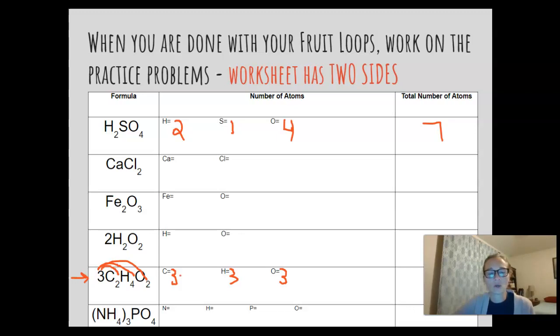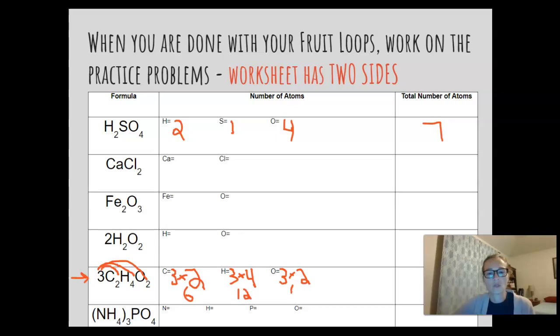So I'm going to do 3 times, what's my little number here? 2. 3 times my little number over here for H's, 4. And 3 times my little number for O, which is a 2. So I've got 3 times 2 is 6. 3 times 4 is 12.